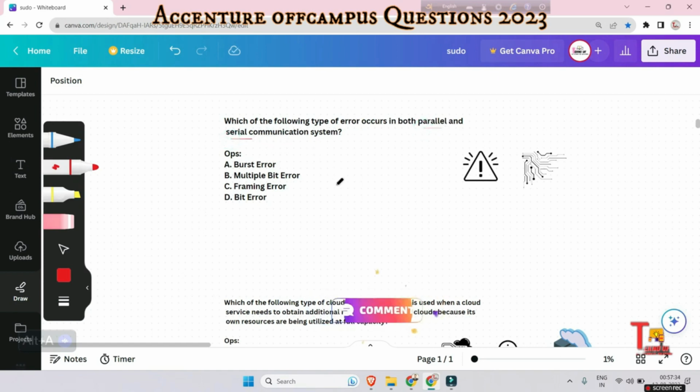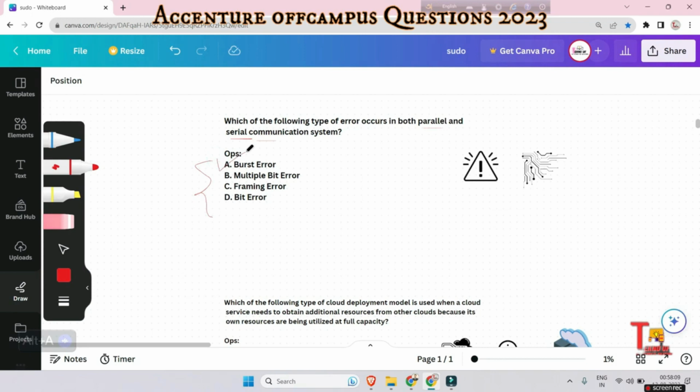Mainly in parallel communication systems, the faults or errors are crosstalk, right? And in serial communication, mainly the errors are noise error, bit error, frame error. So the answer will be actually burst error, right?